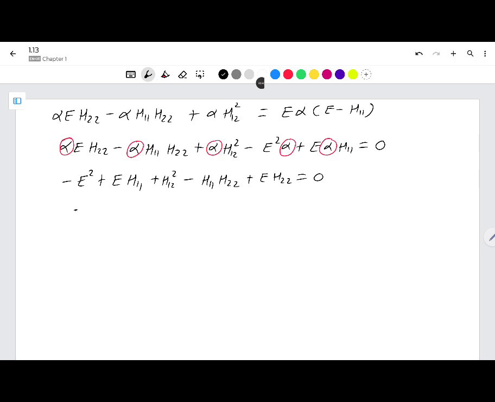You can take the negative sign, and that will be E square minus E (H11 plus H22) plus H11 H22 minus H12 square equals 0.